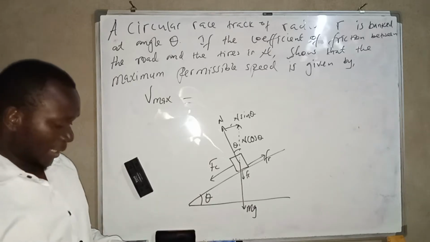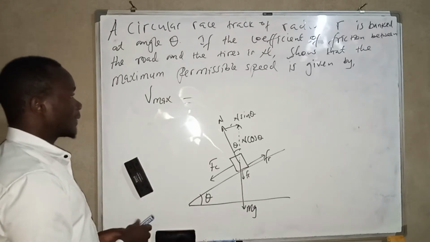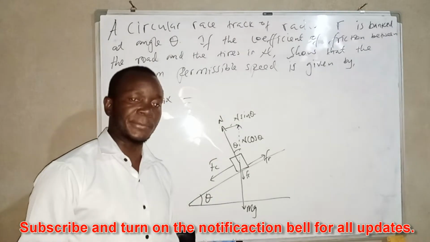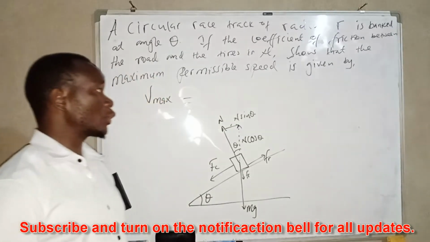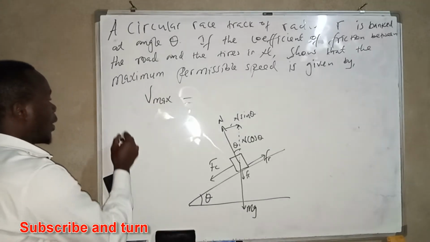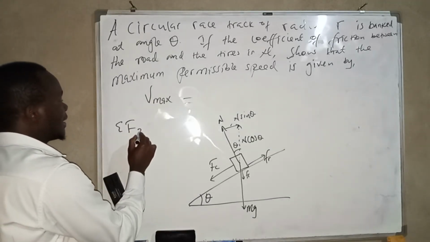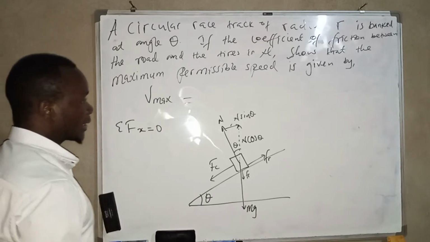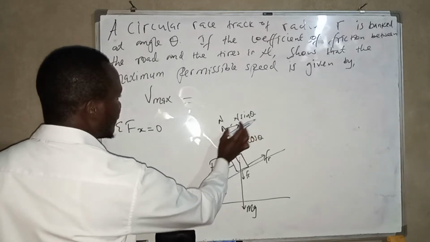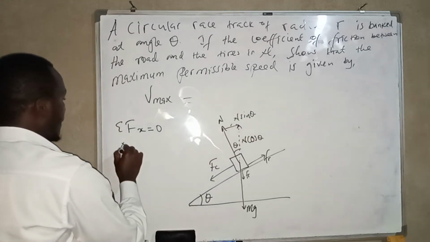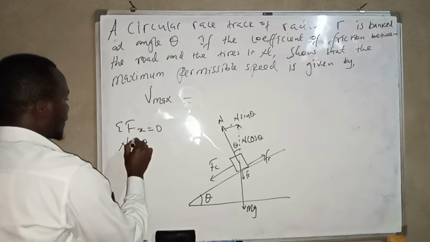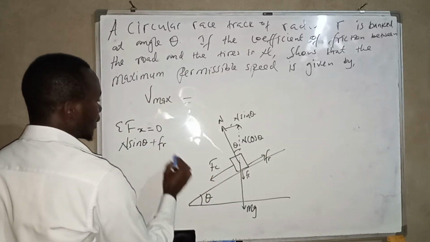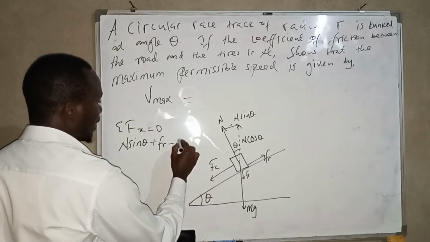Now, let us resolve these forces. We know that if the forces are balanced, the summation of forces in y must be equal to 0, and the summation of forces in x must also be equal to 0. So in x, we have N sin theta, there's also friction force, and then minus Fc.